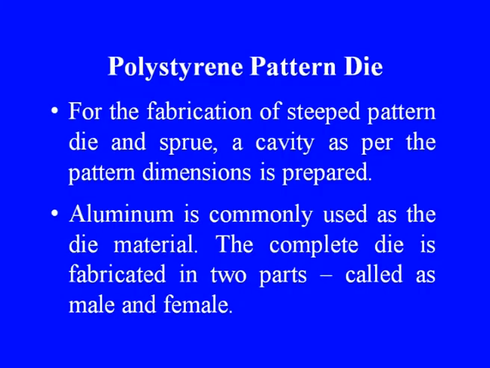For the fabrication of stepped pattern, die and sprue, a cavity as per the pattern dimensions is prepared. Aluminum is commonly used as the die material. The complete die is fabricated in 2 parts called male and female.